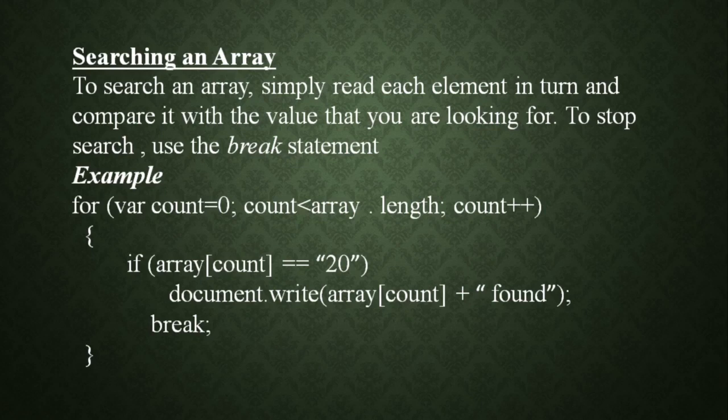Here in this example, for count equals 0, count less than array length, count plus plus. If array[count] equals 20, then the loop is finished. It has found that element by using the break statement.